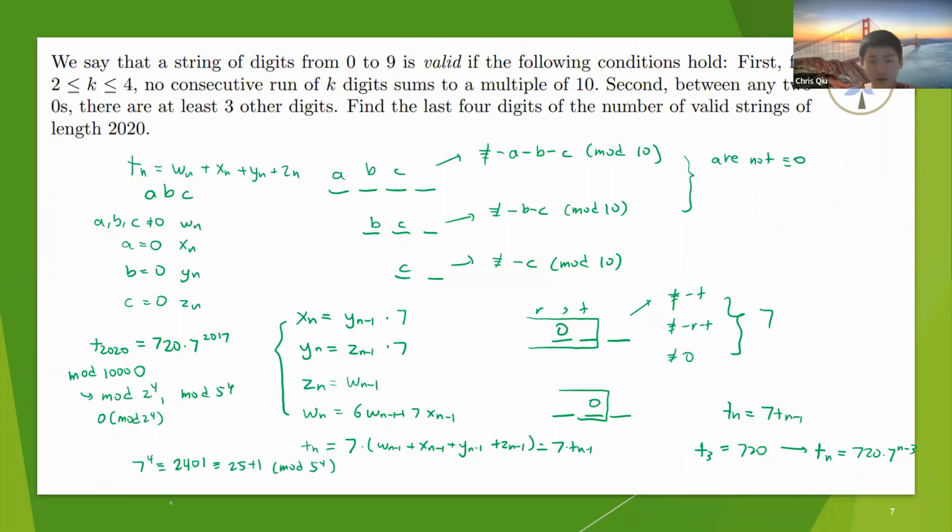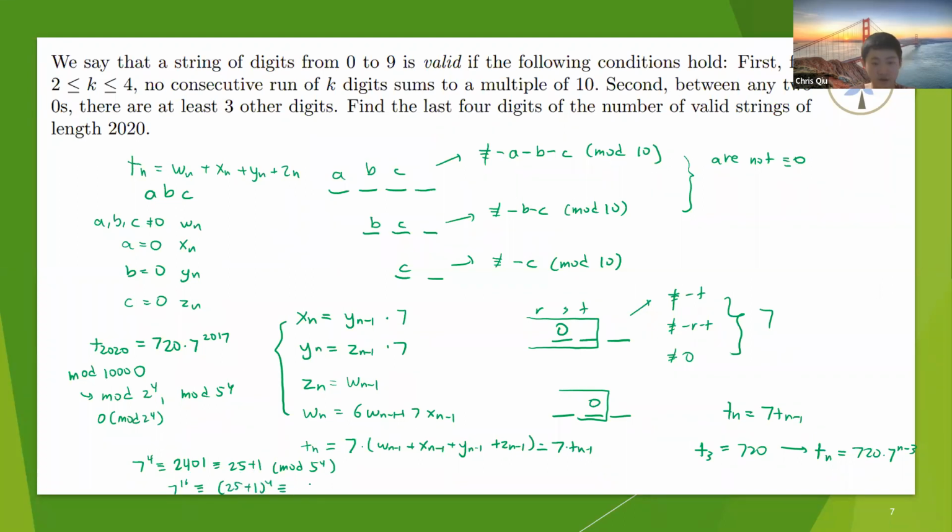And from here, you can use binomial theorem to find that, in fact, 7 to the power of 16, after canceling out all the terms that have powers of 5 greater than 5 cubed, is 25 plus 1 to the 4th.